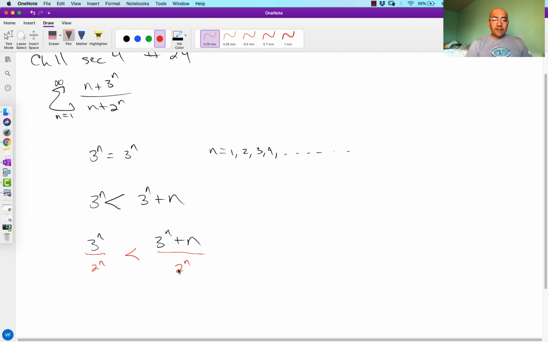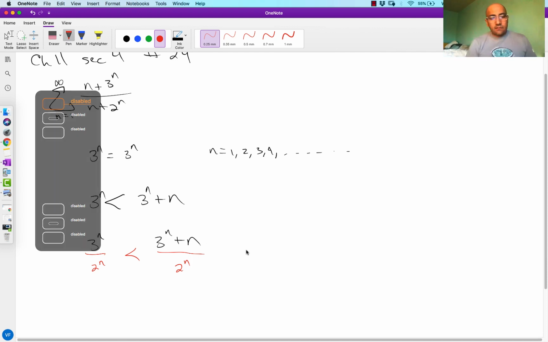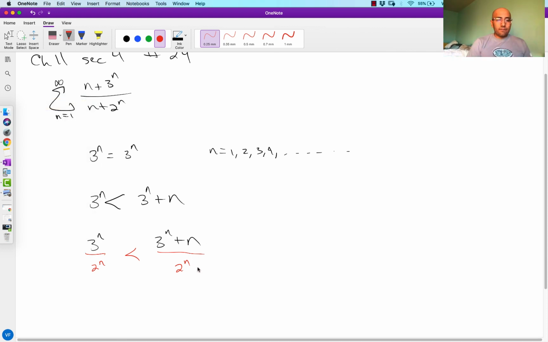Okay? But then, even further than that, what if I divide the larger one by something that's even larger? Still maintain them, right? They're both the same thing.